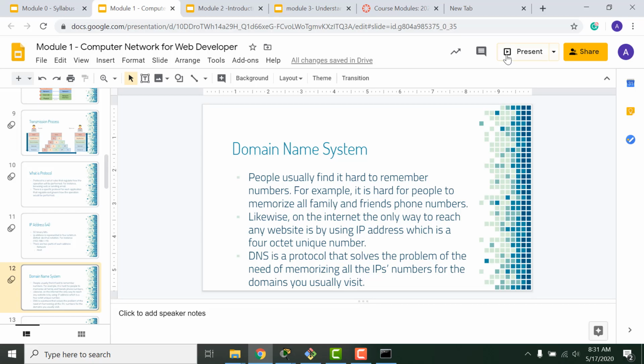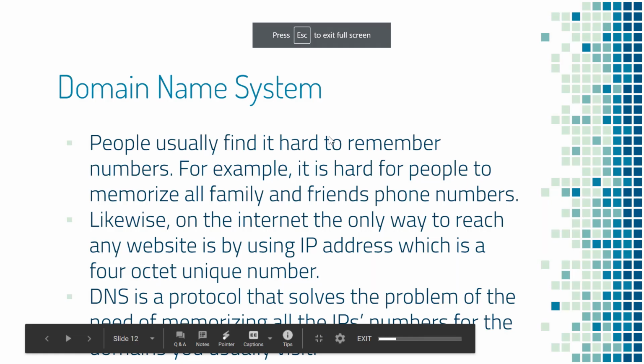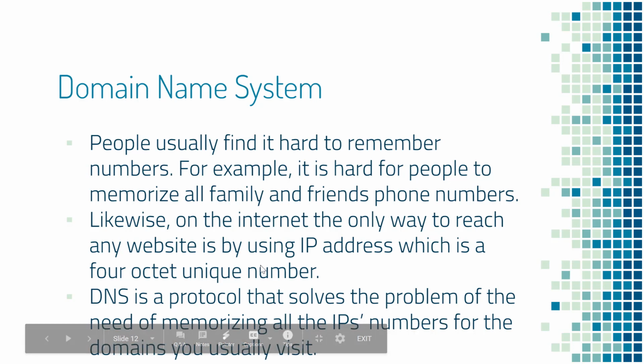And this is how it's done. So as I said, it's just like a table. It might not be just a table, but for now, let's assume it's just a table with two columns, the IP address and the domain name. So it's matched together, and that's it.